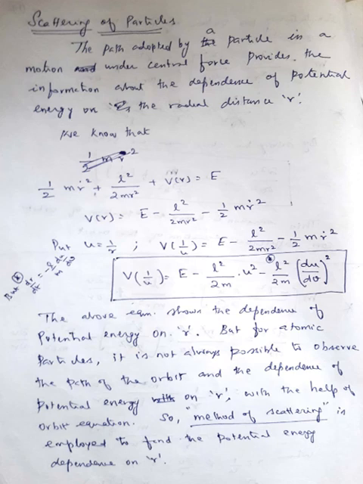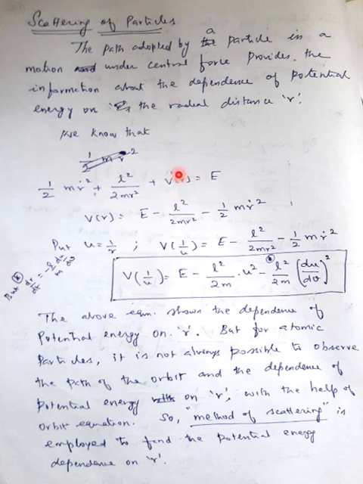Now substitute u is equal to 1 by r. Therefore this term becomes V of 1 by u, that is equal to E minus L square by 2 m r square minus half m r dot square. Similarly, we already know dr by dt is equal to minus L by m du by d theta. Substitute here for r dot, since dr by dt is nothing but r dot, and square this term.